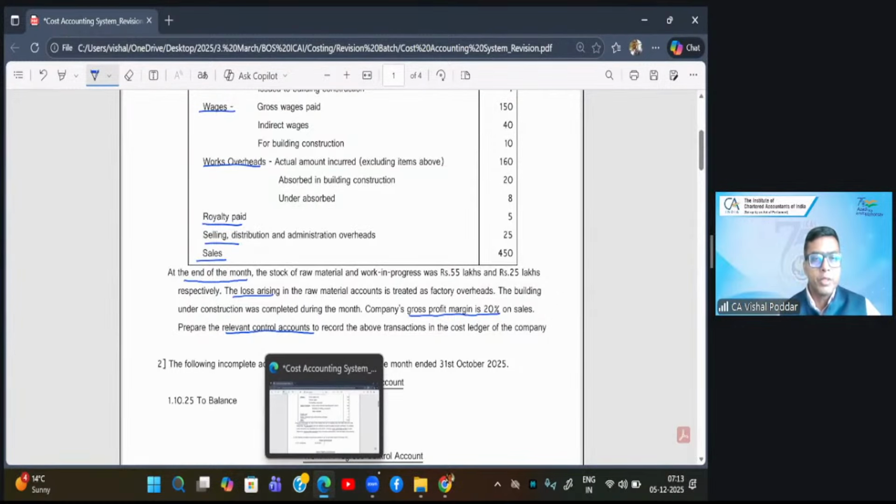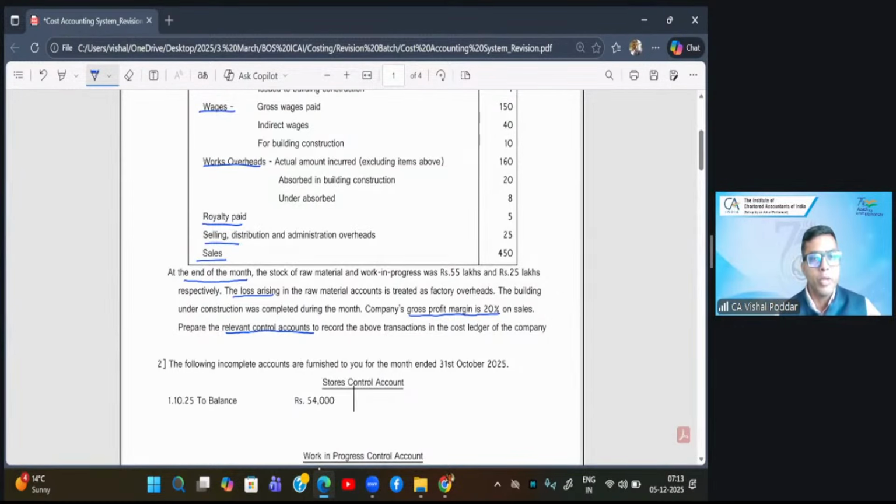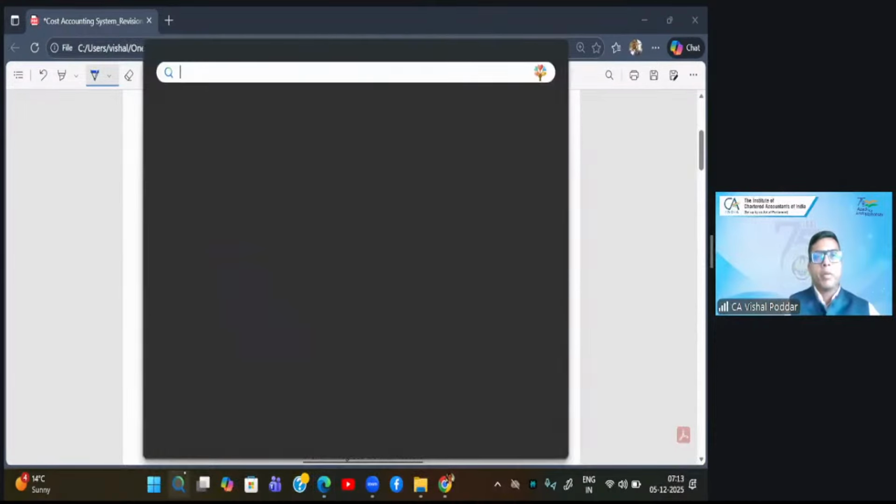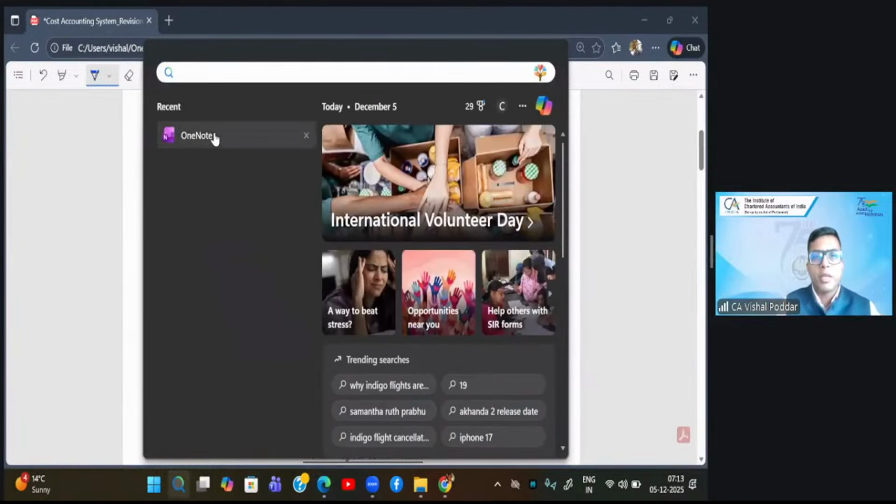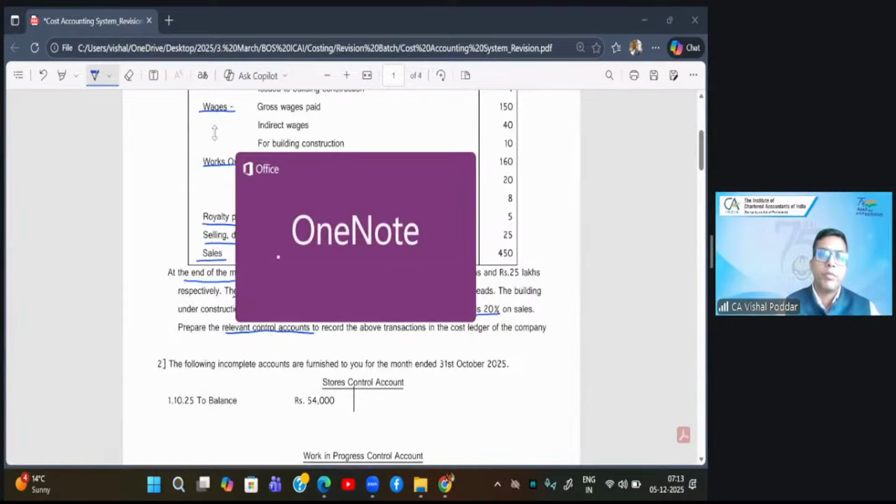Now, there is a sequence which you should follow so that your accounting, passing of entries, and later on balancing becomes very convenient.